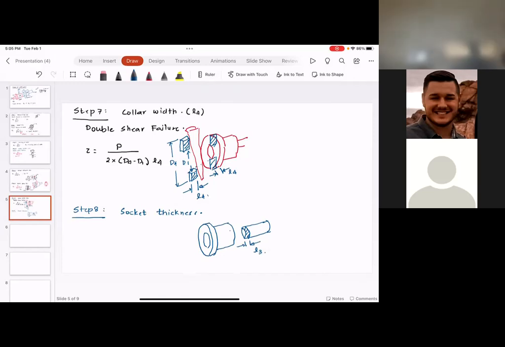Please understand that we had the whole socket, but because of some additional loading or stresses, the rod part of the socket came out, and that failure is the circumferential shear. The rod on the spigot side and the rod on the socket side have the same diameters, so this diameter is the same as the diameter that we calculated.